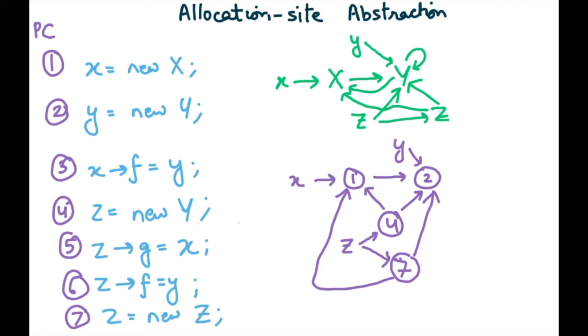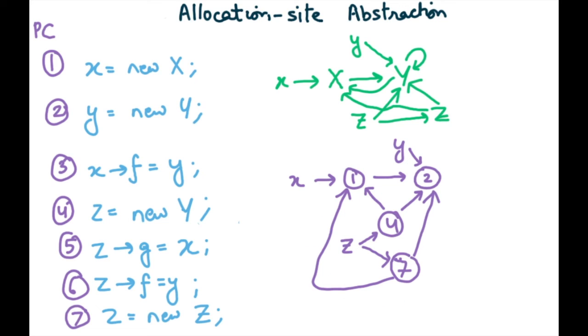We're going to see an algorithm to draw these points-to graphs automatically later on, but in this module I'm primarily interested in identifying the different abstractions and their trade-offs. So for this example, the type abstraction is less precise because it introduces more edges than the allocation site abstraction.